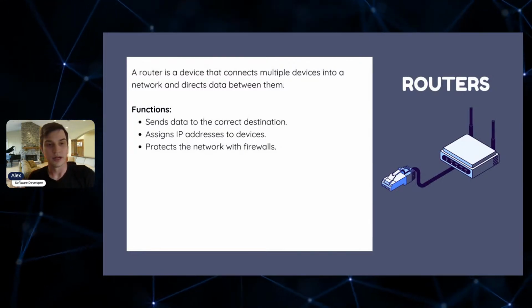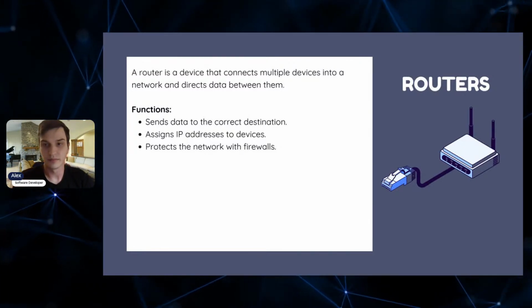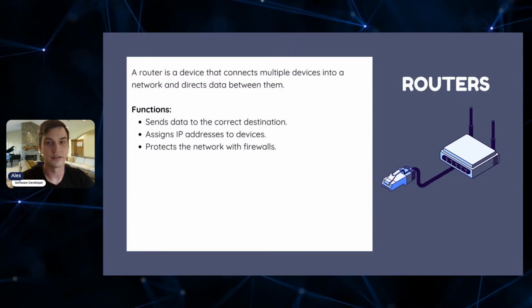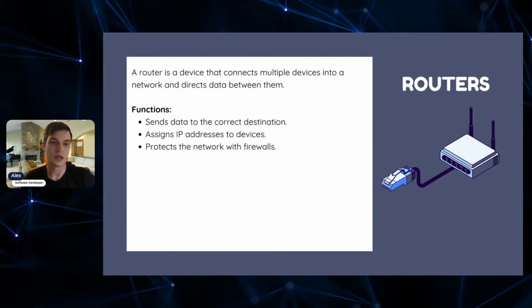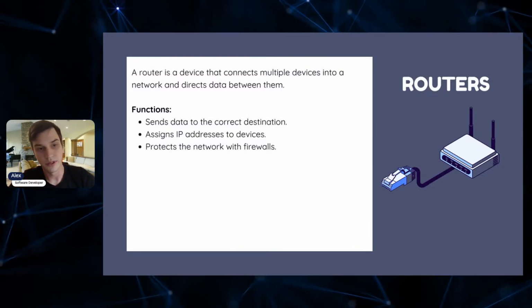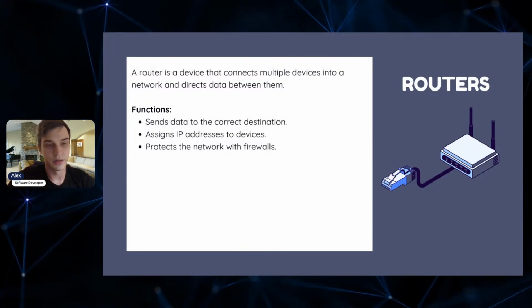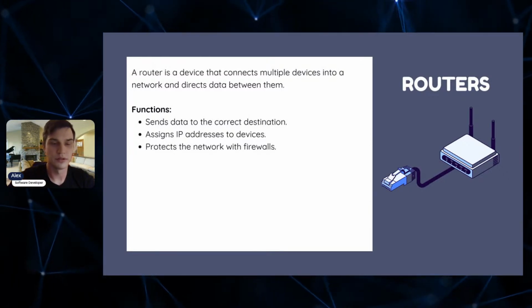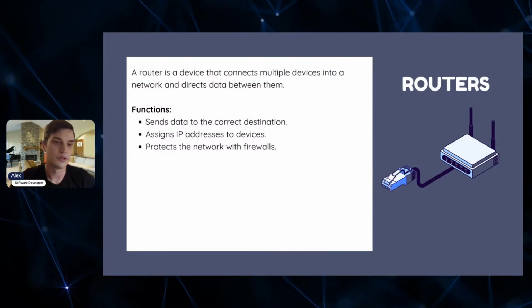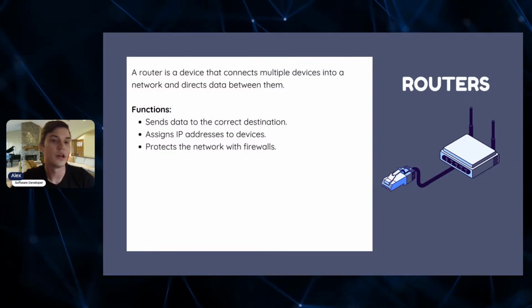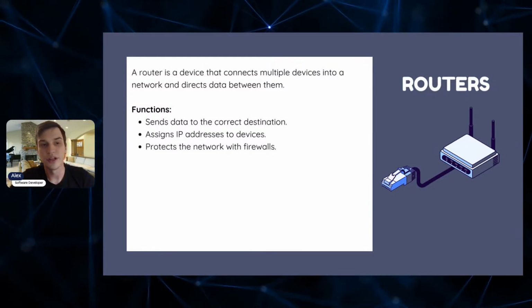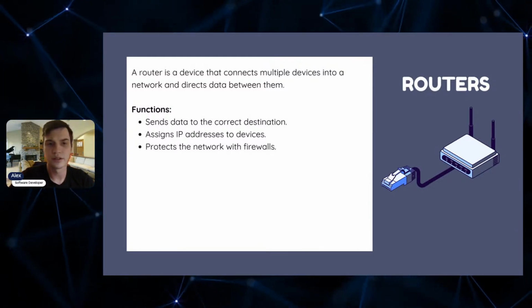So routers, I have already mentioned them. And what is a router? A router is a device that connects multiple devices into a network. In our previous example with three computers, there are three computers connected to each other. But in a real network, it's not really okay because we don't need everyone to know about everyone, and we don't need every computer to analyze whether a message is for him or for everyone else.